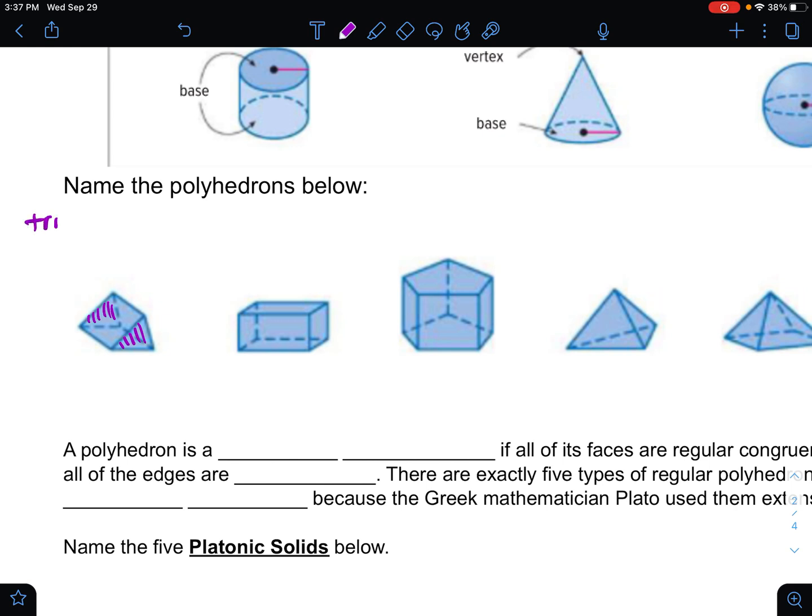So in this case, this would be called a triangular prism. We know it's a prism, and the bases are triangles, so triangular prism. In a prism like the next one, we actually have three pairs of opposite and parallel bases, and they're all rectangles, and this is a prism. So rectangular prism.